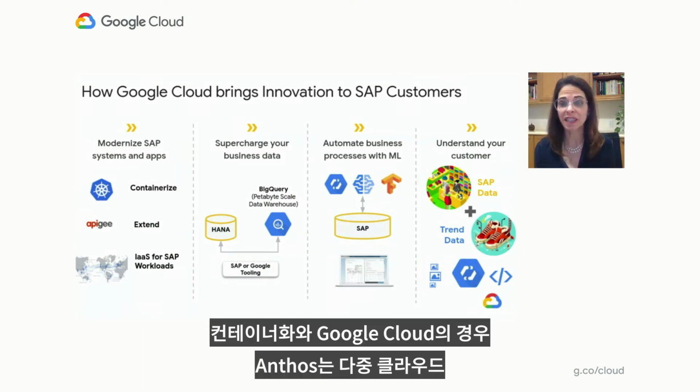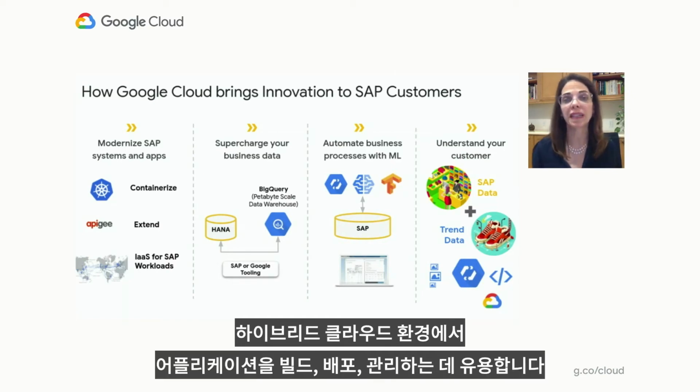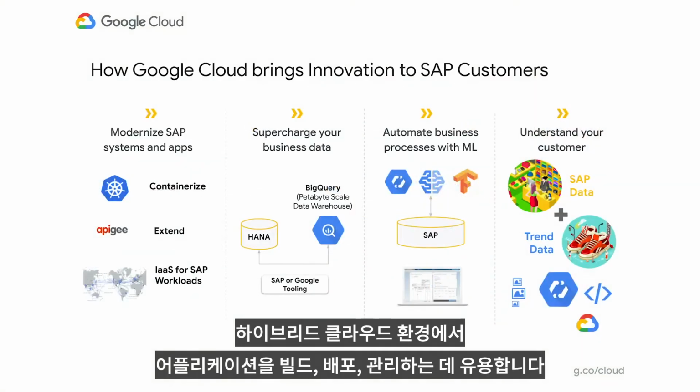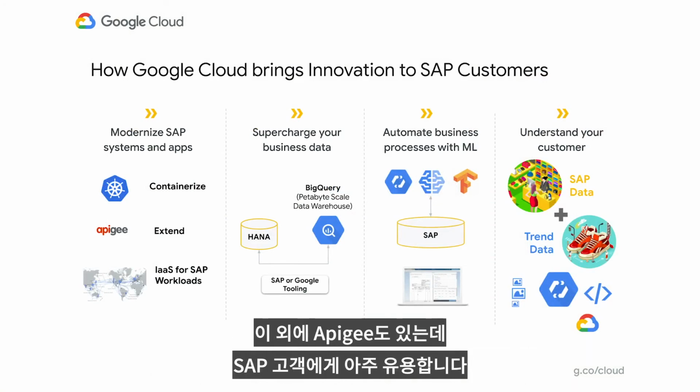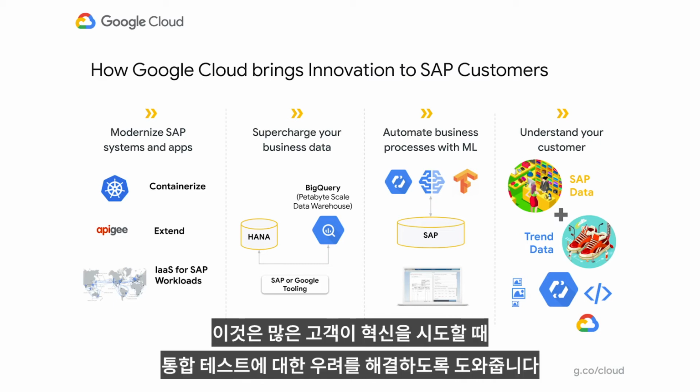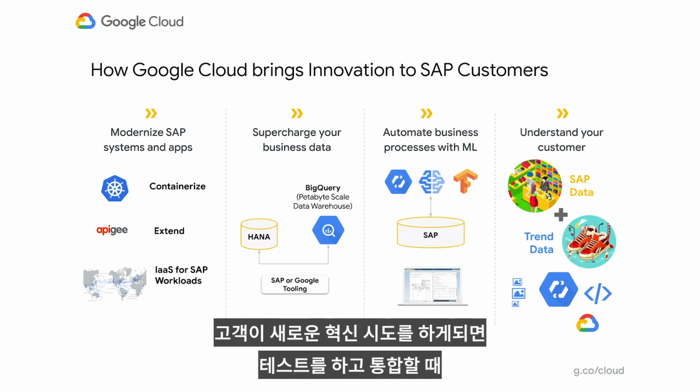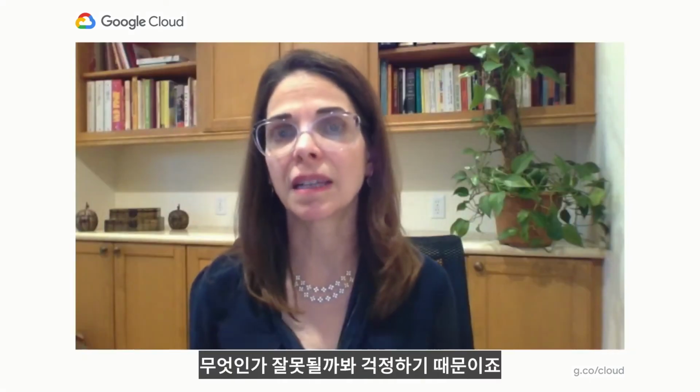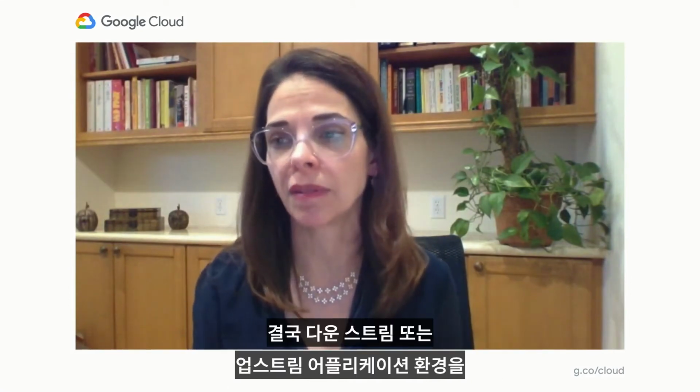For containerization, and then Google Cloud Anthos to help you to build, deploy, and manage applications in this multi-cloud, hybrid cloud world. There's also Apigee, which for SAP customers takes care of a really key concern in the area of innovation, where so many customers are concerned about integration testing. This becomes the worry when they want to explore new areas of innovation.